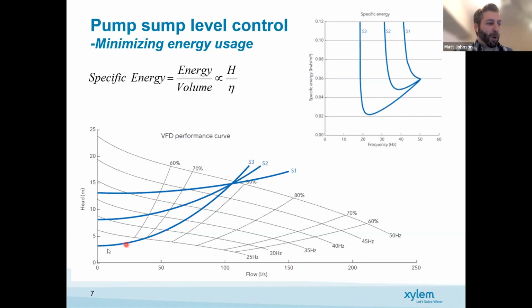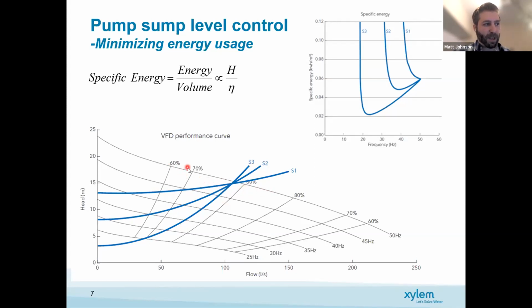Now the third system curve has low lift, and the majority of this head, about 75% of that head, is from friction losses. So as you are decreasing this, you'll see that you're staying pretty close to this 80% line here. This is the efficiency of the pump.